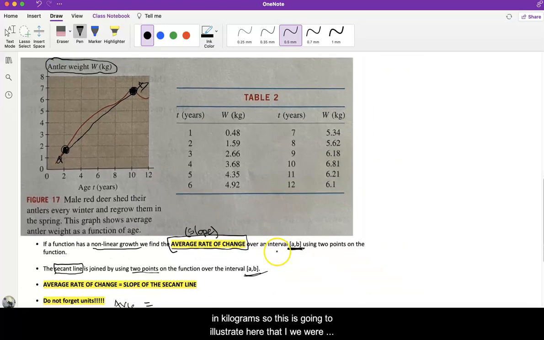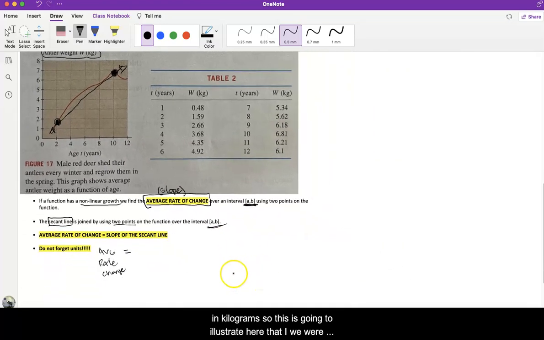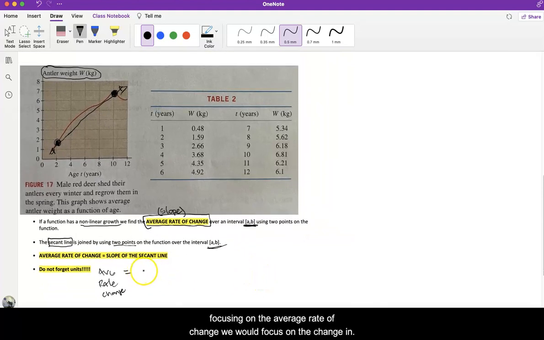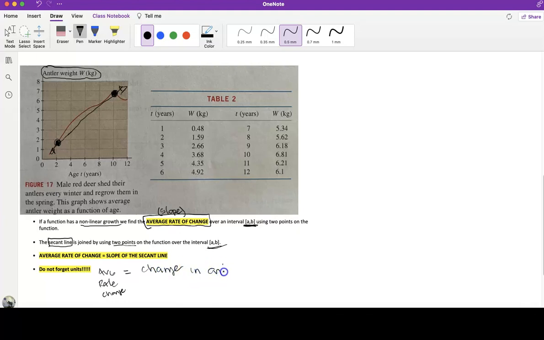So this is going to illustrate here that if we were focusing on the average rate of change, we would focus on the change in the antler weight in kilograms, all over the change in age, age in years.